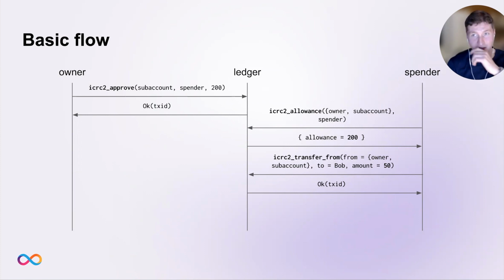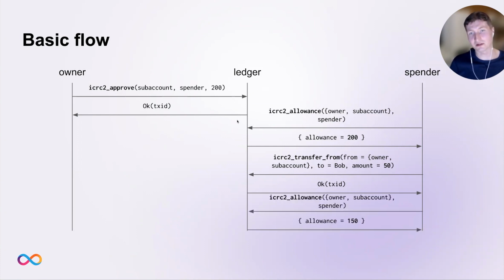So for example, if the spender wants to send 50 tokens to Bob, it can do it because it's within the allowance. And then after the transfer is complete, if you query the allowance again for the same account with the same spender, the allowance will drop by 50 tokens, and it will be 150.